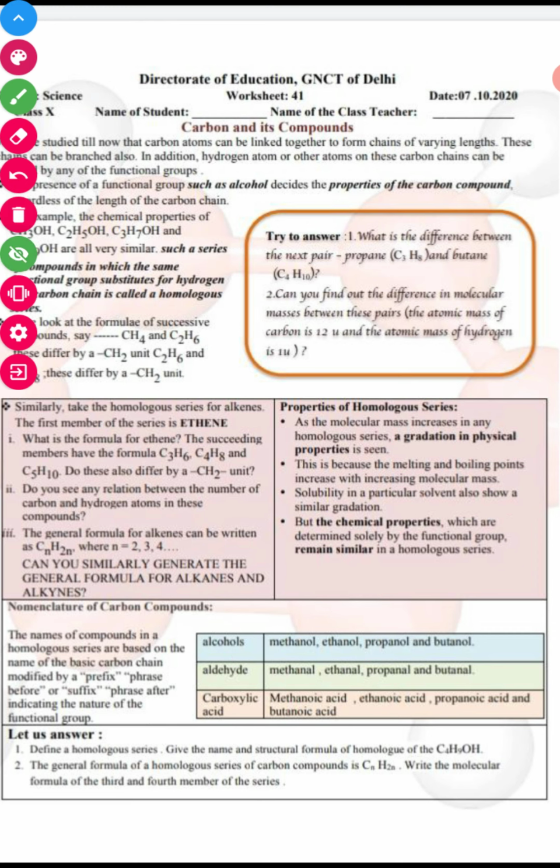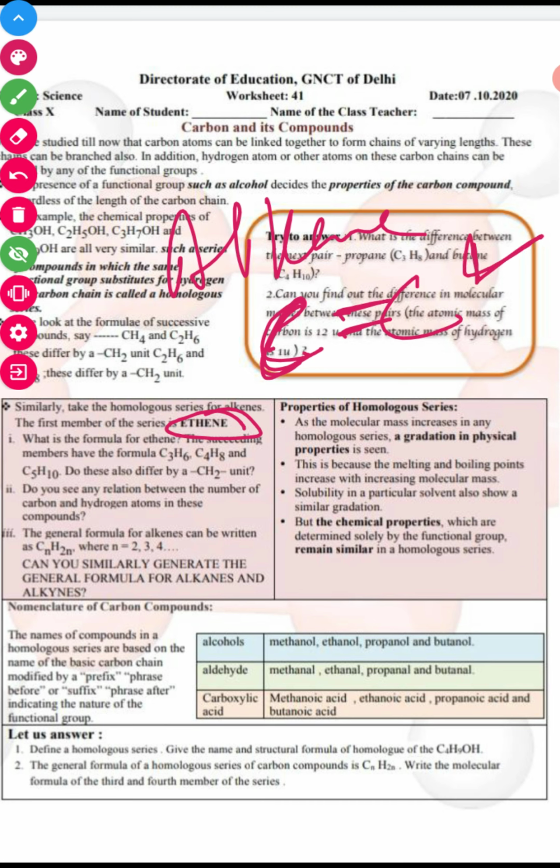Next, similarly, take the homologous series of alkenes. The first member of this series is ethene, because, as I told you in my last worksheet, alkenes have a double bond in their structure between carbon and carbon. So in this case the series starts from the two-carbon compound called ethene.